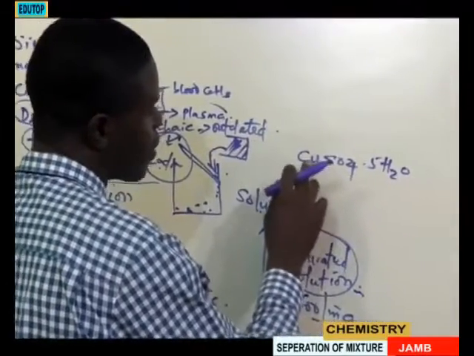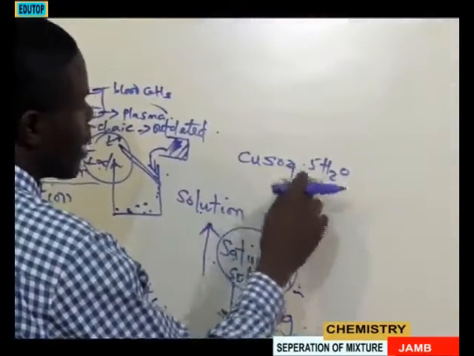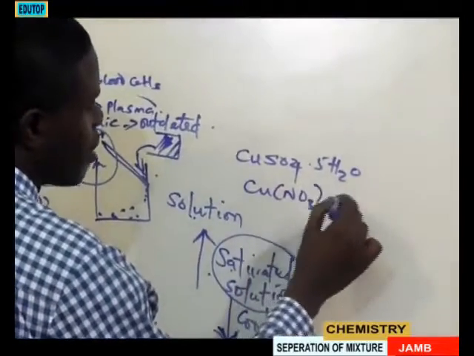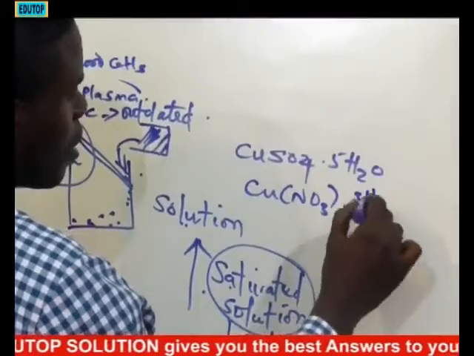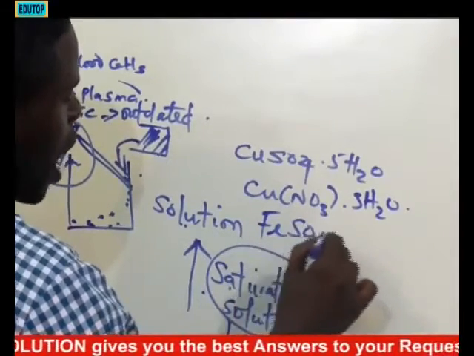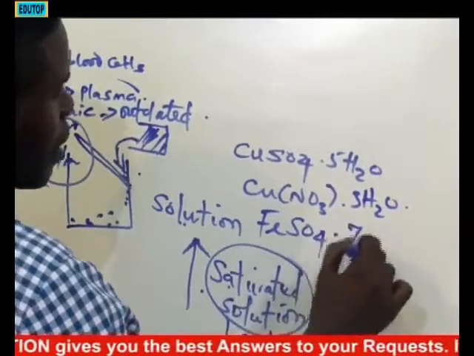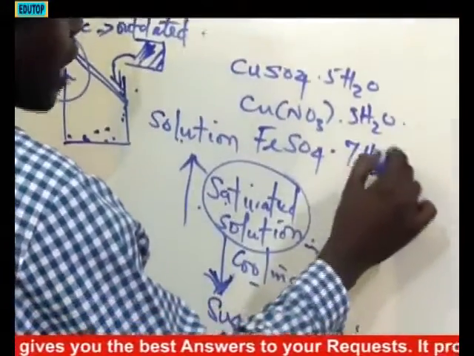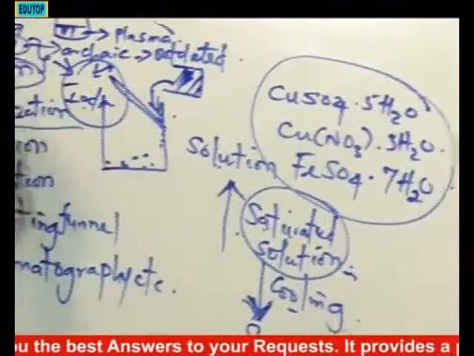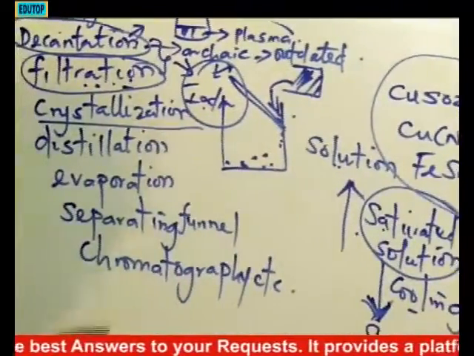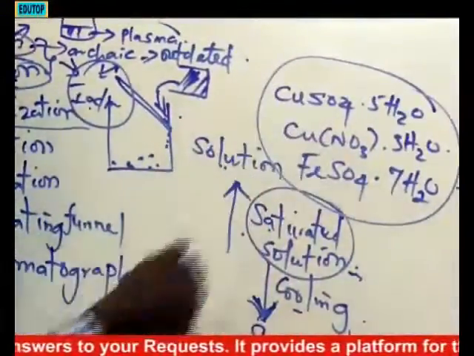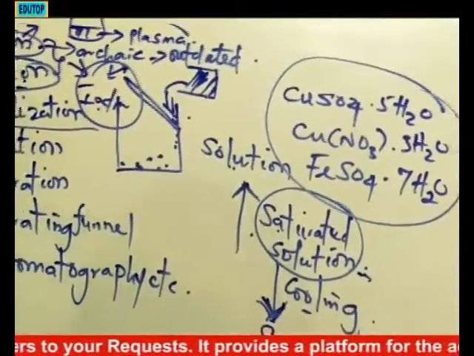Those salts include copper(II) sulfate pentahydrate, copper nitrate trihydrate, and iron(II) sulfate heptahydrate. So these are salts that can be separated by this process known as crystallization. It's the process that is even designed for salts which decompose on heating from their solution.